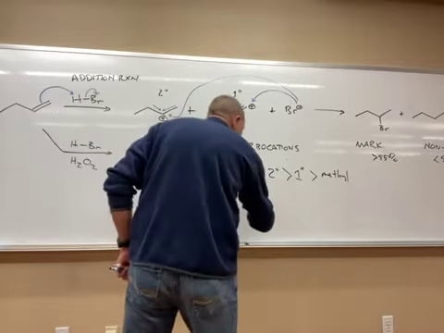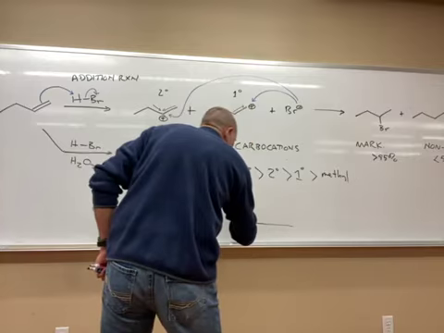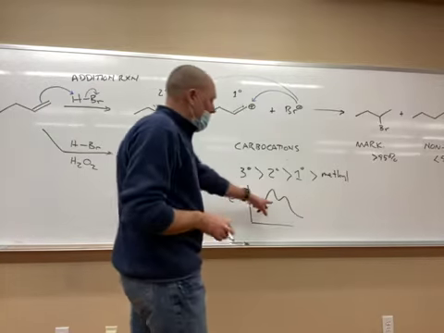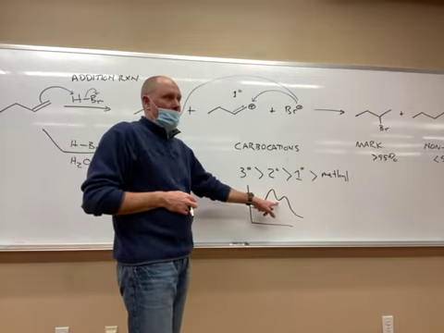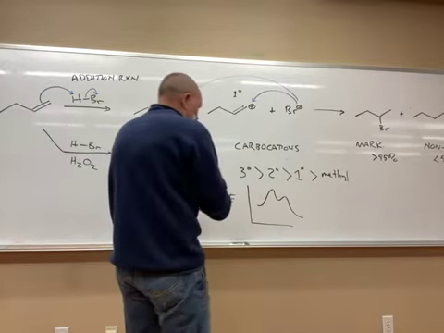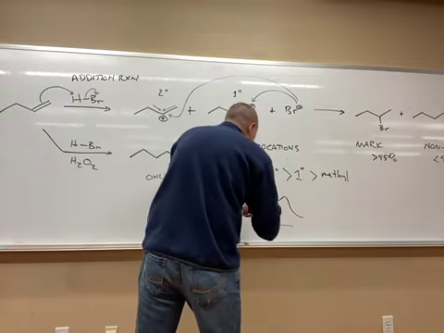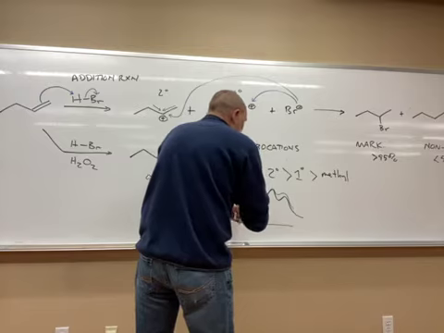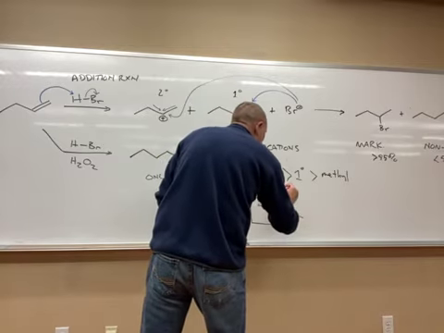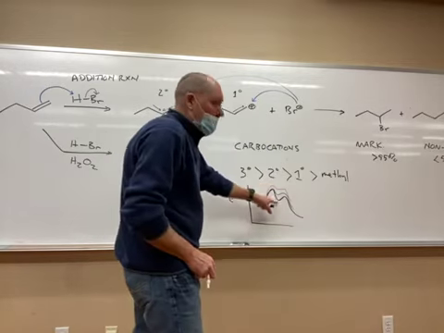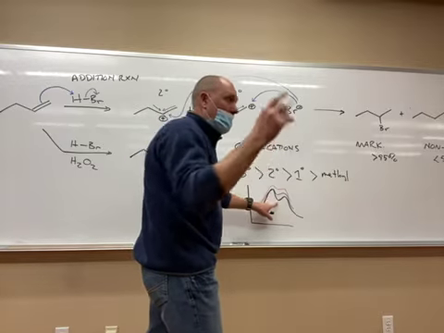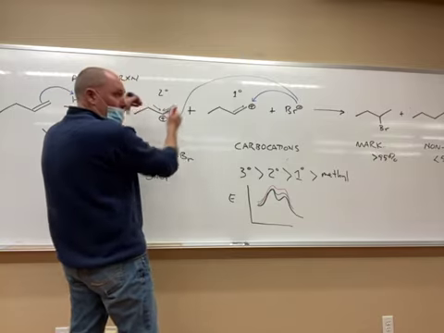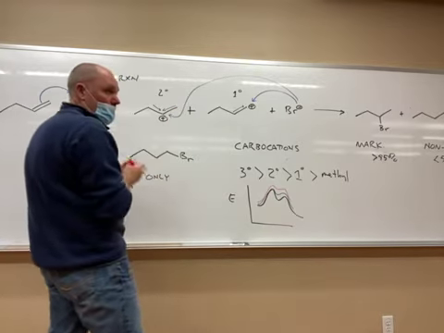So when you look at an energy scheme, what you see is a lowering of the energy, right? Lower energy. So as we go up, so secondary, okay, and then primary, you're lowering the energy, making it more stable, because this has, again, more hyperconjugation that can come in and stabilize that carbocation.